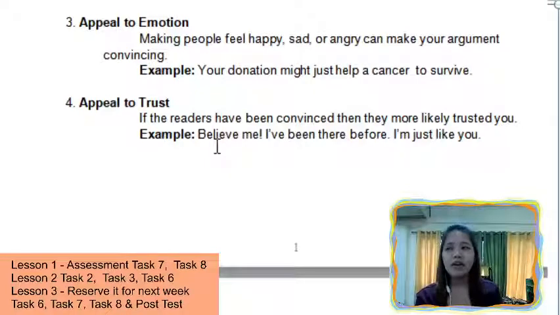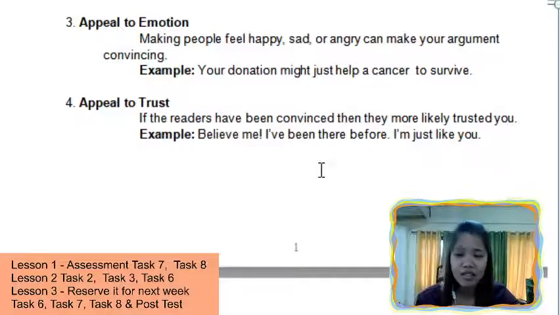However, if you are writing about the bad effects of smoking and people know that you are actually smoking in real life, then even if your text is very convincing, it's still not a good persuasive device. Why? Because it is lacking in the appeal to trust. Because if the readers already know you, then how would they believe you? They don't trust you because they know that you are actually writing something against what you are actually doing.